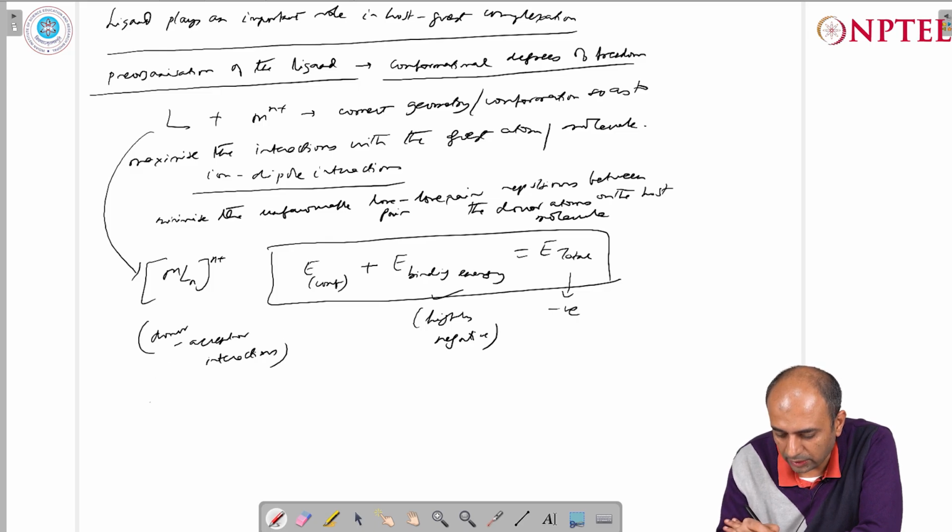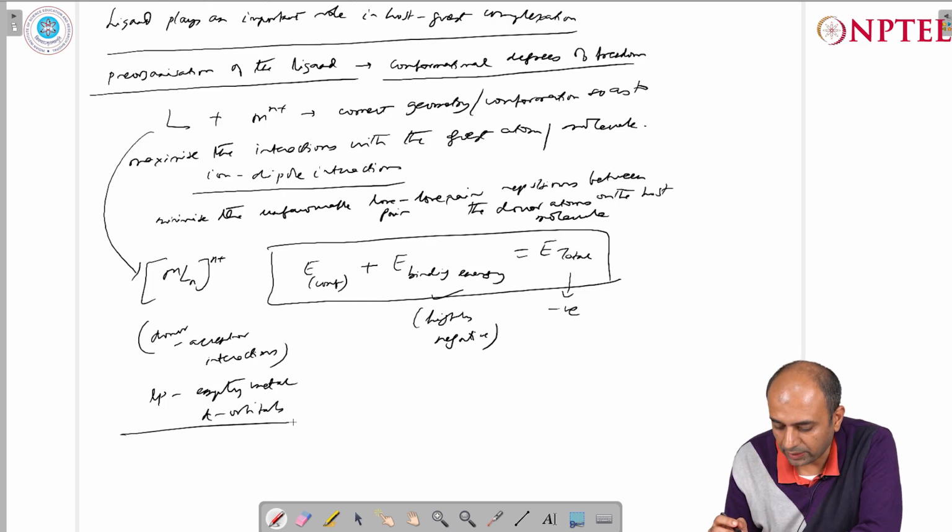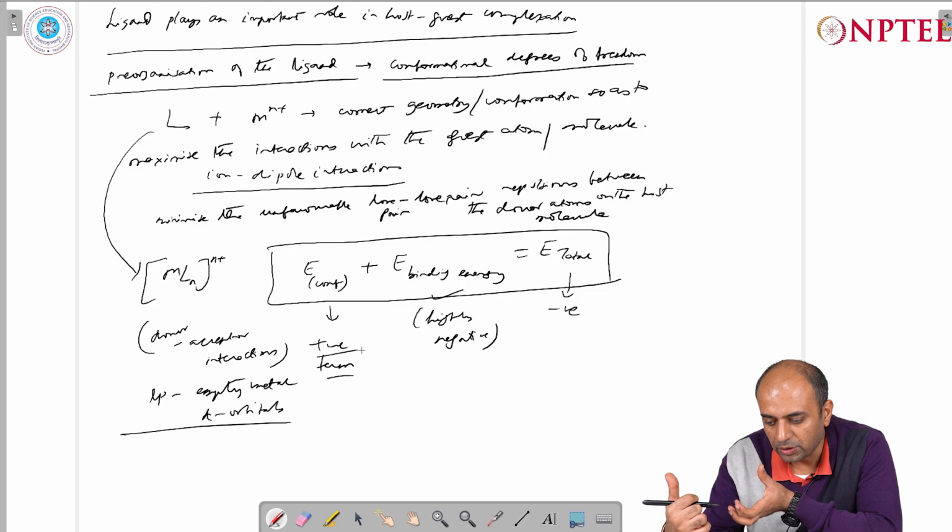In this case, your donors are the lone pairs and the acceptors are the empty metal d orbitals or empty metal orbitals. So, there are maximum donor acceptor interactions, such that there is an enthalpy change associated with the process which is highly negative, and the binding energy becomes highly negative. The conformation term is positive, because energy has to be spent by the system in bringing about the conformation change.